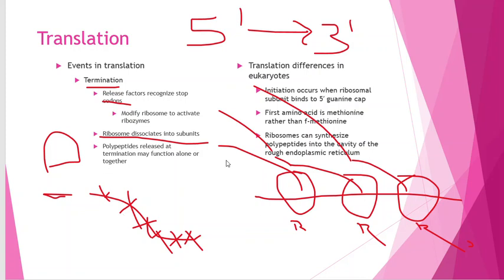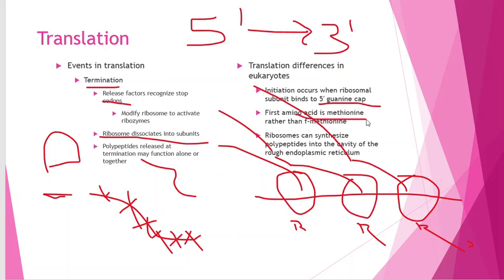Okay, and then once they float off, the polypeptide is ready, and it may be folded, and there may be molecular chaperones involved to help fold it. So the initiation starts with the ribosome binding to the 5' end guanine cap.